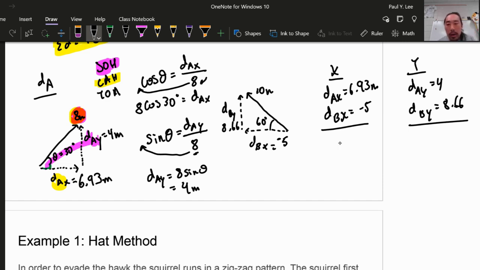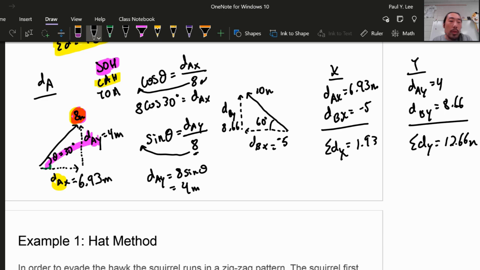So 6.93 minus 5, we have the total dx as 1.93. Remember the squiggly line, that sigma represents total, and the total for dy would be 12.66 meters.